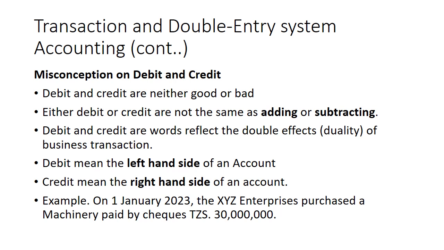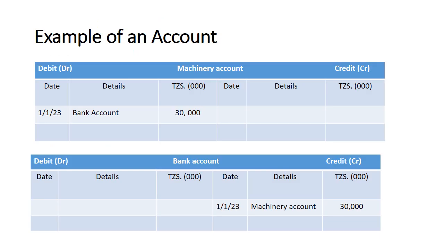This transaction has two aspects. One, it denotes the increase of machinery worth 30 million. And also, it denotes the decrease of another asset, the bank. So on the machinery account, to denote the increase of an asset, it is recorded on the debit side.